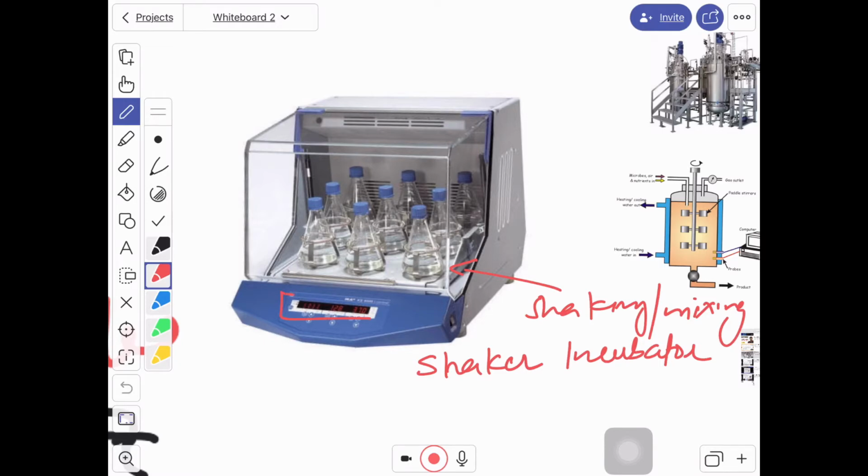We can also set temperature, as well as check the RPM, rotation per minute, for mixing. This is an incubator with a shaker, and the previous one was only a shaker. They are the common instruments used in the laboratory for culturing microbes.